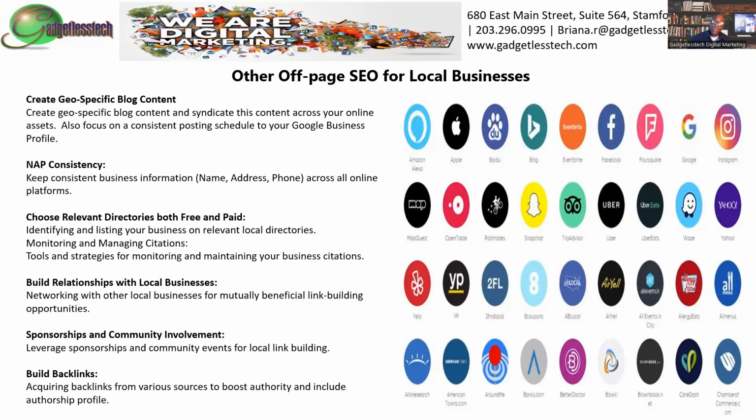Choose all those relevant directories, right? There's tons of directories. Again, if you went out there and did a Google search for plumbing citation directories, life coach citation directories, you can find a plethora of those things, and all it takes is to build a list.